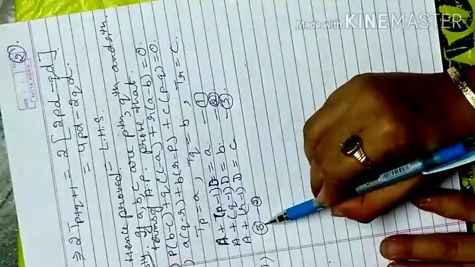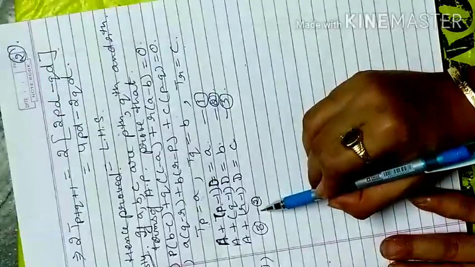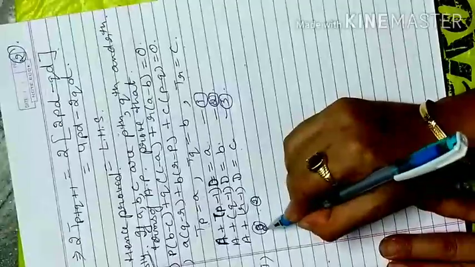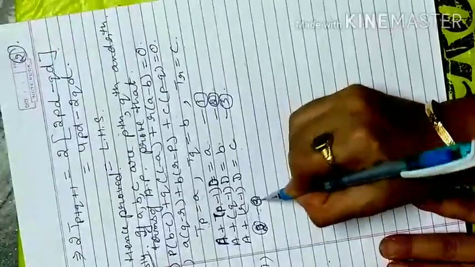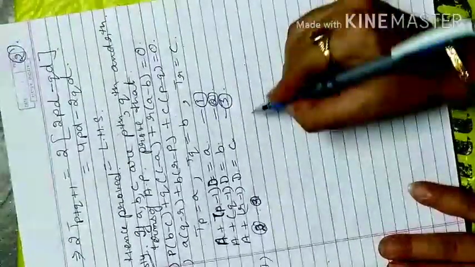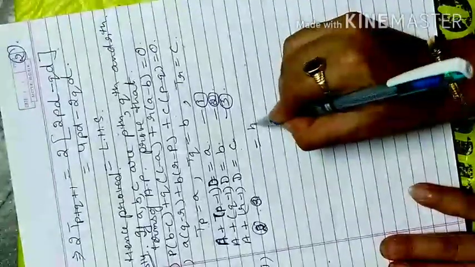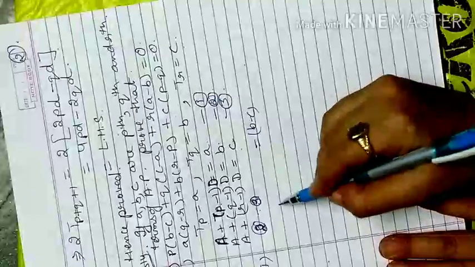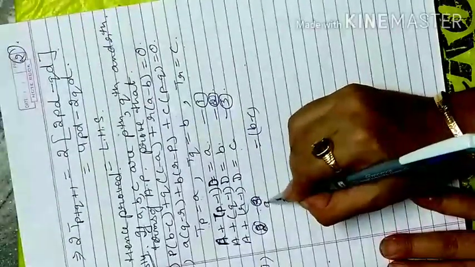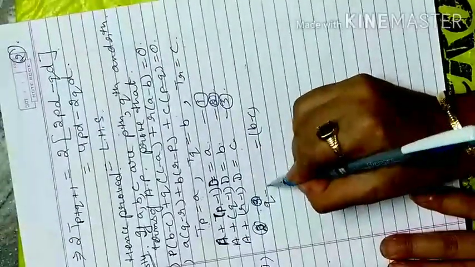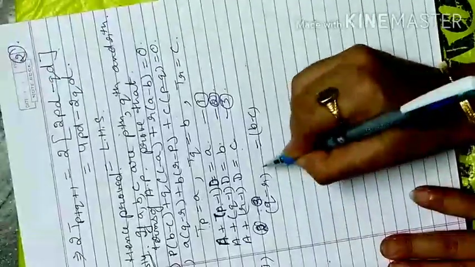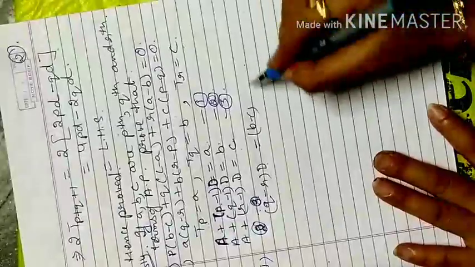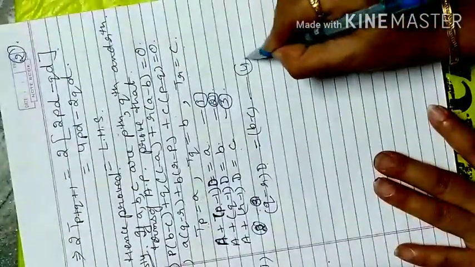So the second equation will be in first position and the third in second position. So the right side will be B minus C, which is what I need for my first part, and when I subtract here, 1 is cancelled, only Q minus R is left with D. So I mark this as my fourth equation.